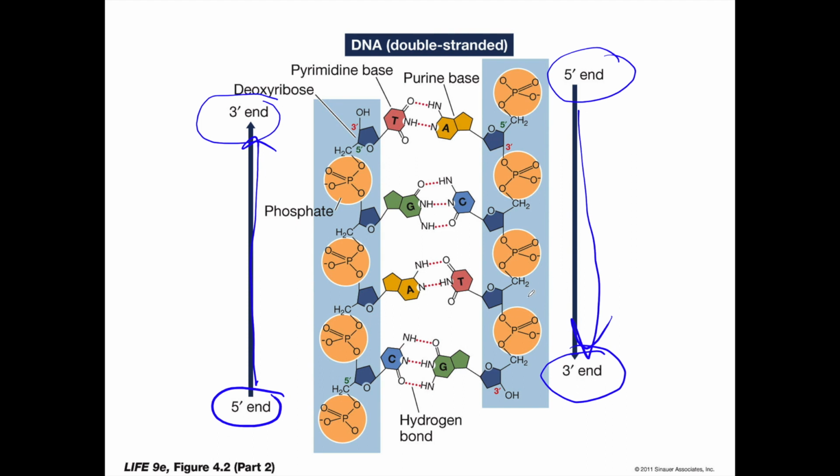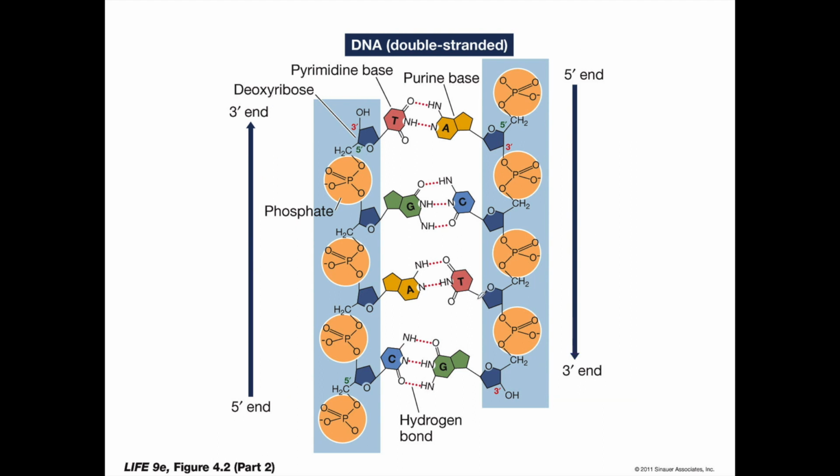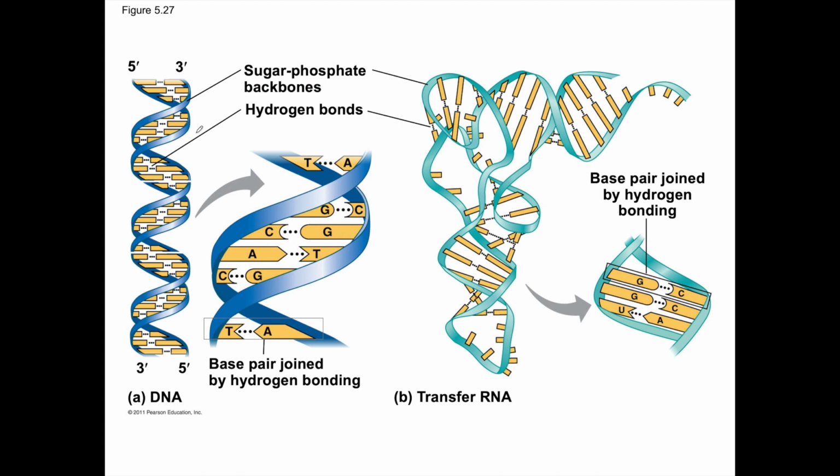So they're running side by side, but they're facing opposite directions. The chemicals are actually facing opposite directions. The easiest way to visualize that is to look at the sugars, these blue pentagons. The oxygen is facing down on this side, but the oxygen is facing up on this side. So the two strands are actually going opposite directions. That's called anti-parallel.